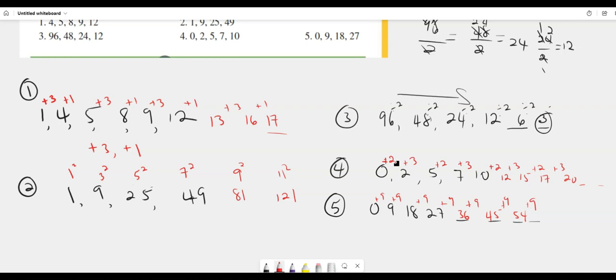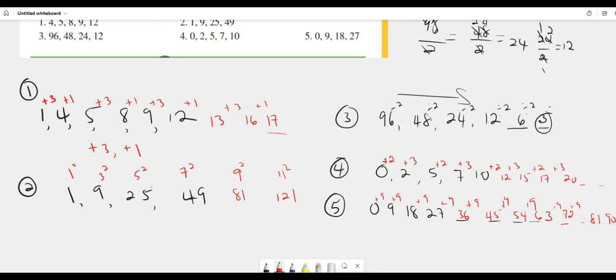Plus 9, 63. Plus 9, 72. Plus 9, 81. Plus 9, 90. Plus 9, 99, and so on. So we're going up by 9 each time.